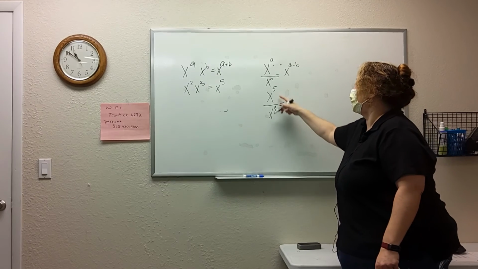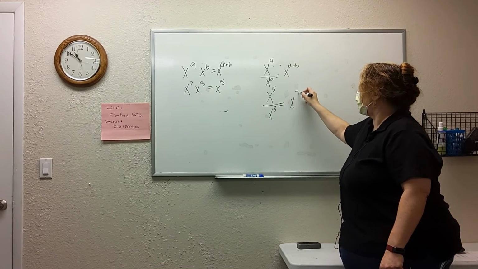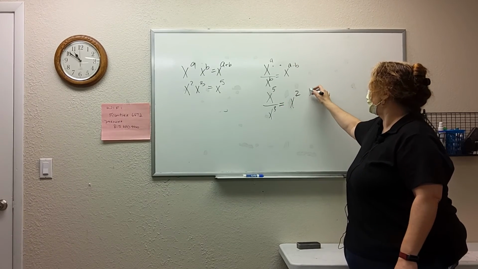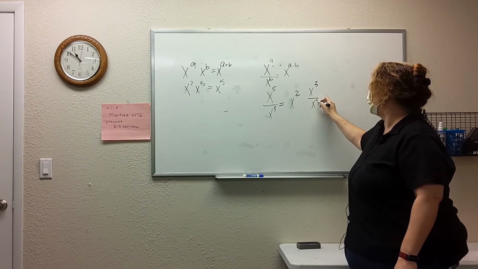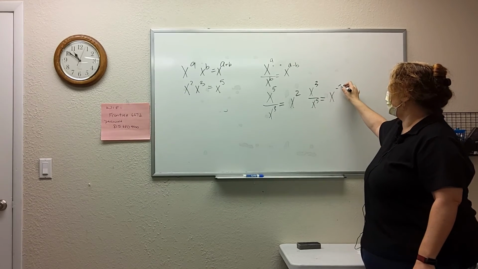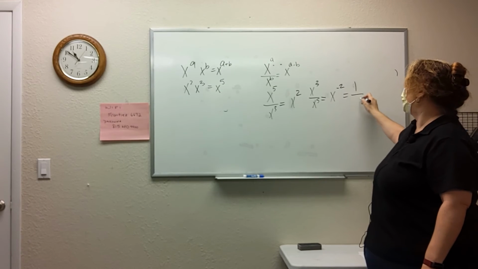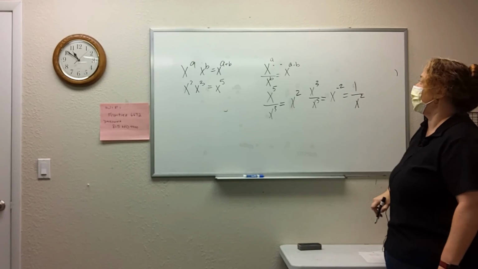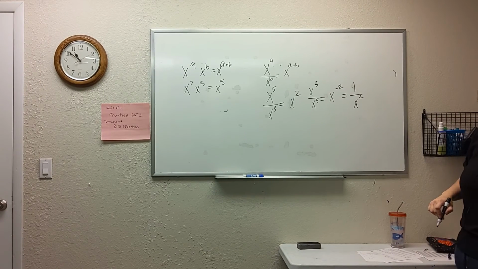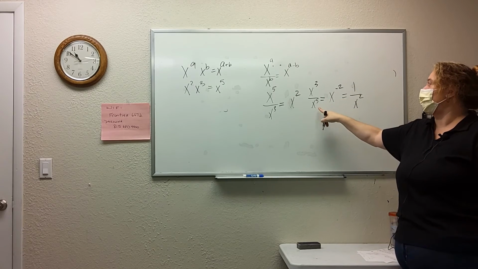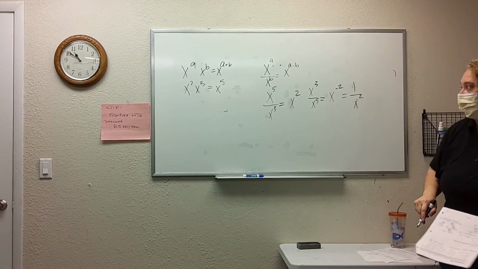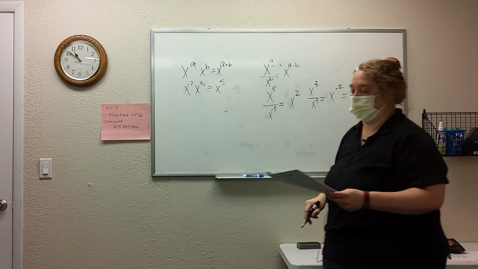We don't subtract letters very well. 5 minus 3 is just 2, so this is x squared. Now if this was reversed, you can either get x to the negative 2nd or x to the 2nd on the bottom, whichever way your brain wants to do that. 5 minus 3 is still 2. You just put it where the bigger number is, on the bottom. Okay, so that's the first row.